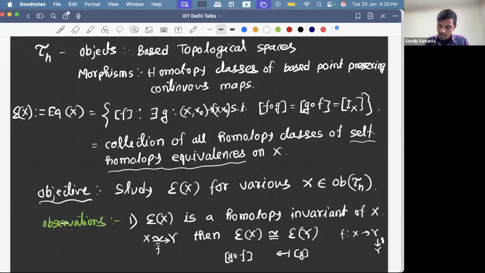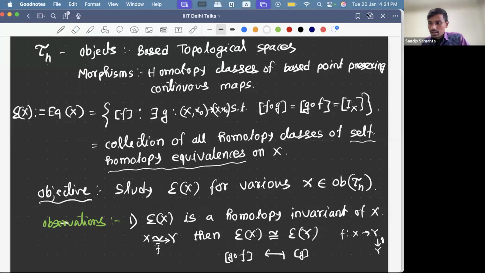And this will define an isomorphism between these two groups. Okay, so this is a kind of group which is homotopy invariant in that sense.